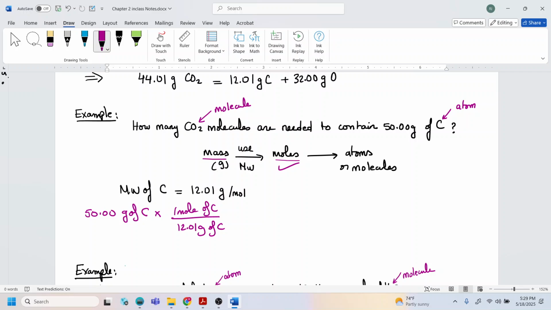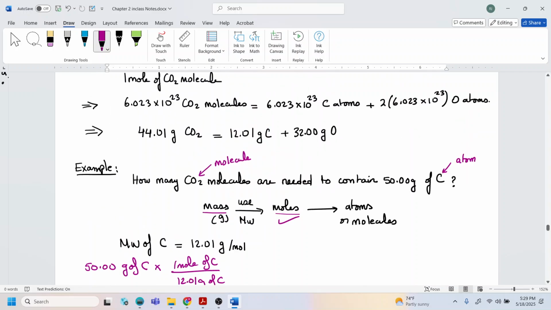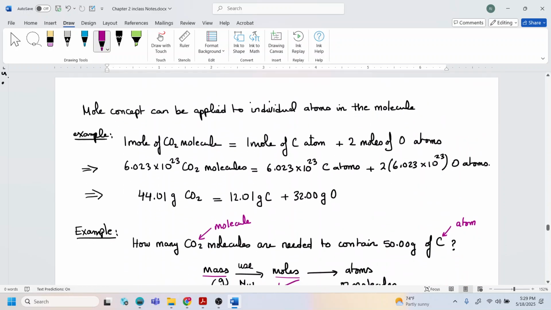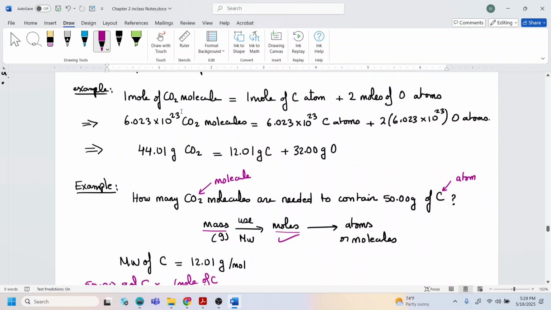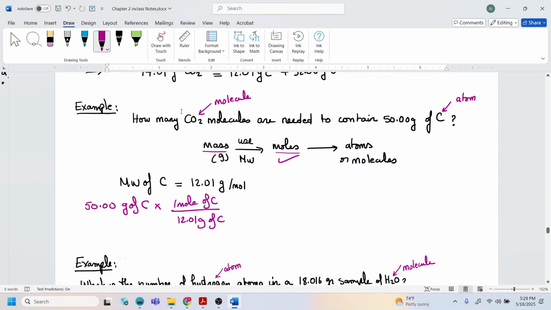I want to change the moles into atoms and then relate the atoms into molecules there. Because once I change the moles into atoms, I can simply relate the atoms into the molecules, because the molecule is made up of atoms. So here you go. I'm going to change this into atoms.